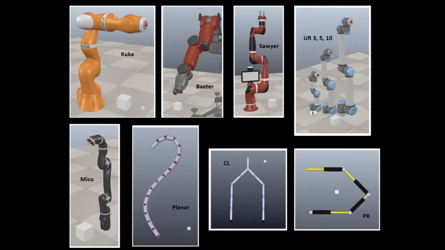The planar robot is a model we produced with 16 rotational joints to represent a high degree of freedom robot. The closed-loop robot, represented by CL, is a robot with two fixed bases and kinematic constraints.